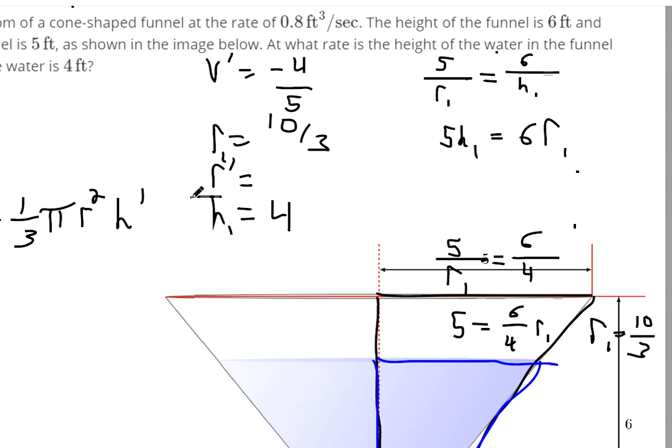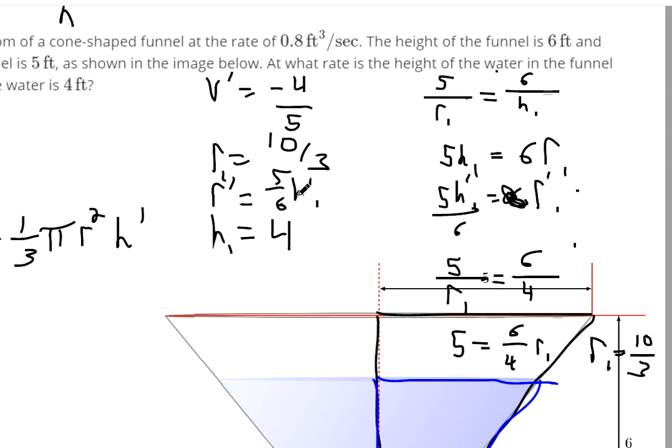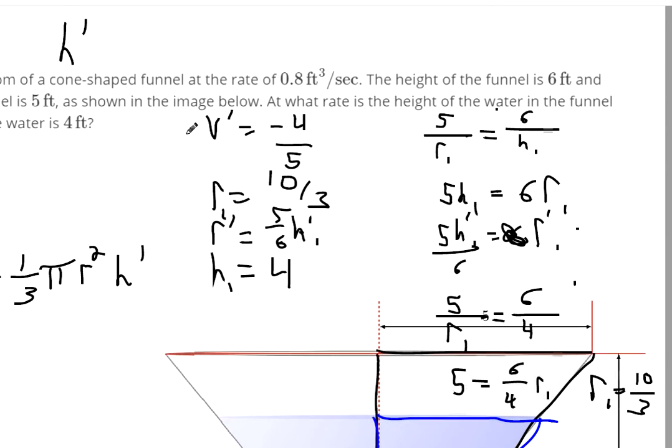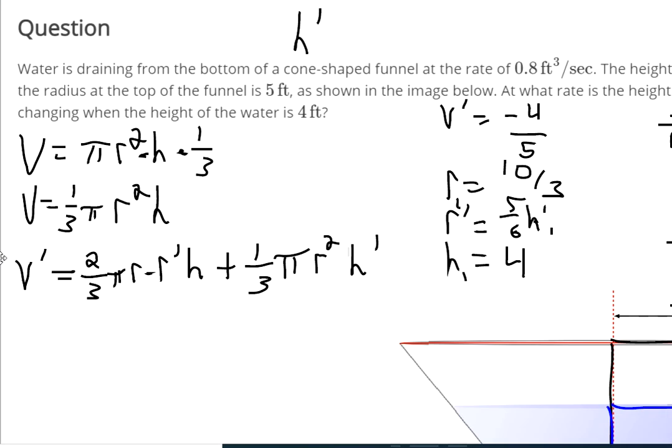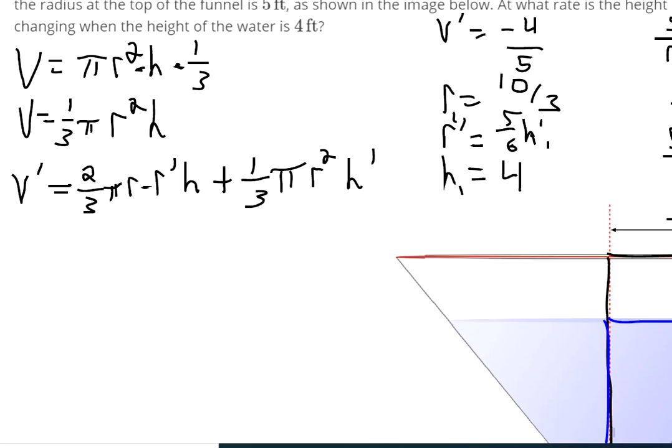And we're trying to find out what r prime is. So if I differentiate both sides with respect to time, implicit differentiation gives us the derivative. And divide 6 from both sides, so we get r prime equals 5/6 h sub 1 prime. It's okay that it's in terms of h sub 1, because we want to solve for h prime. We've got everything we need to plug in.